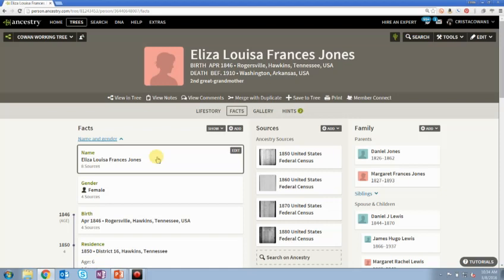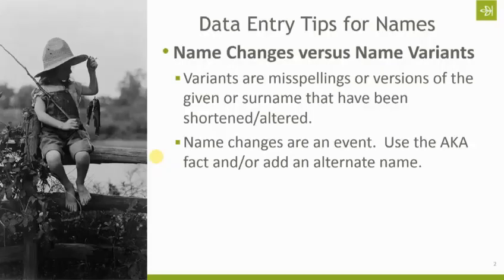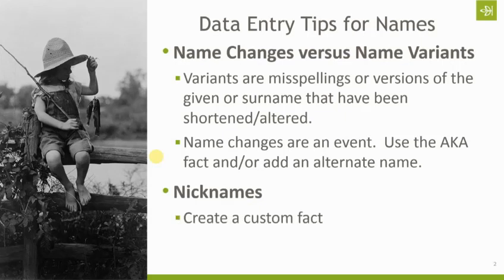Okay, so you decide whether you want to add it as an also known as event in the timeline, or whether you want to add it as an alternate name. And there's really not one preferred way to handle that. I would just encourage you, however you decide to do it, to just be consistent throughout your tree for your own peace of mind.